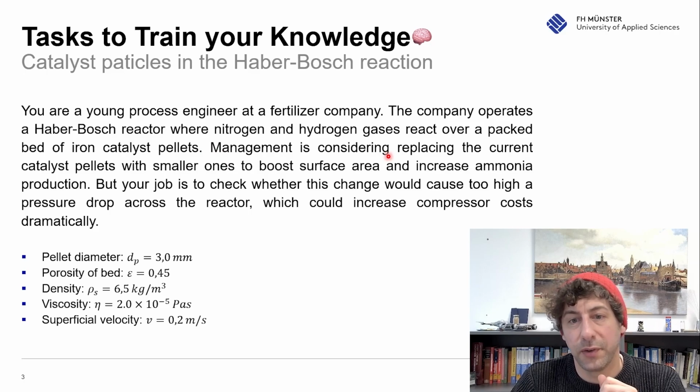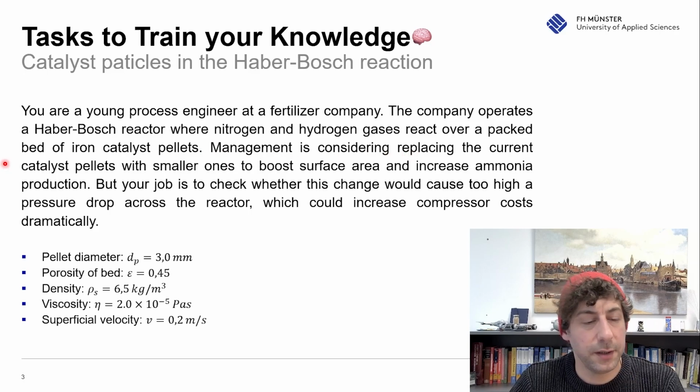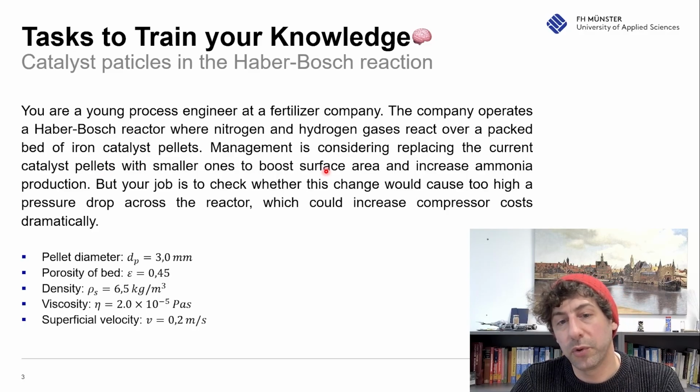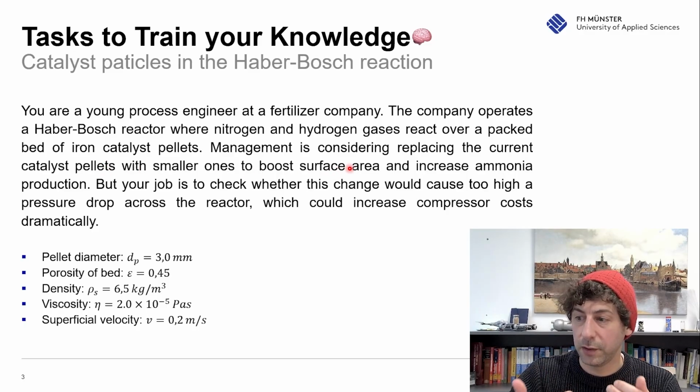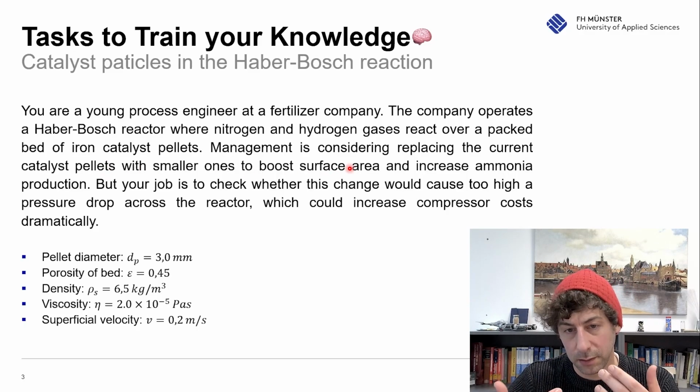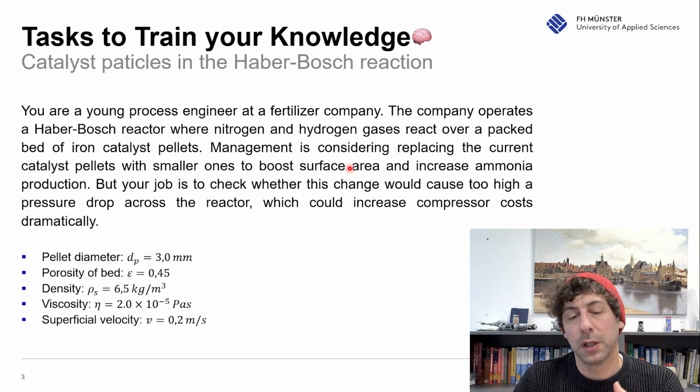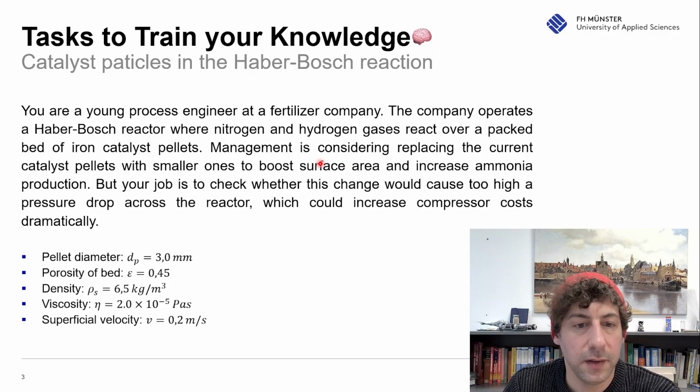And the management is considering replacing the current catalyst particles or pellets with smaller ones to boost the surface area. So to increase the surface area, to accelerate the reaction, the idea is to use smaller particles.